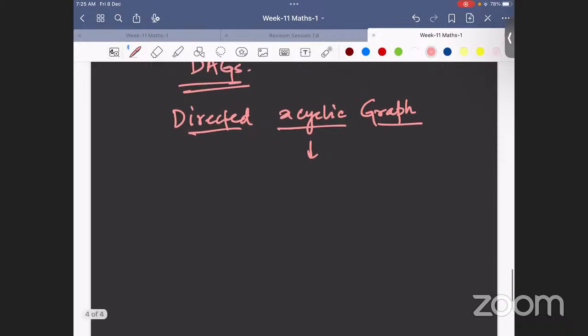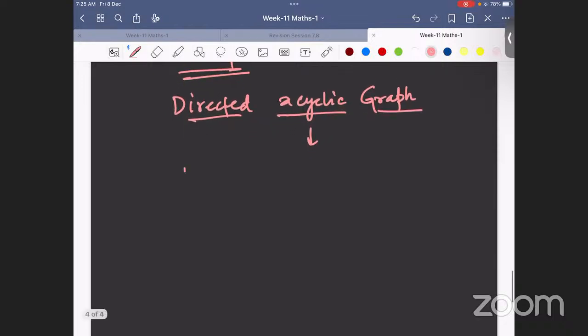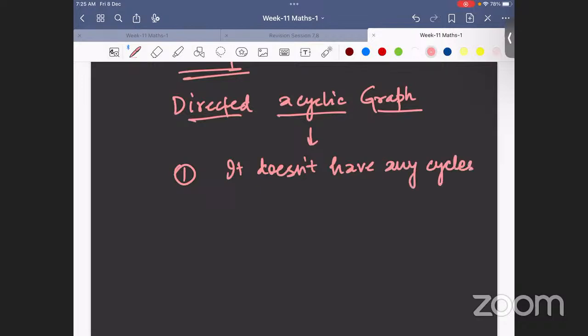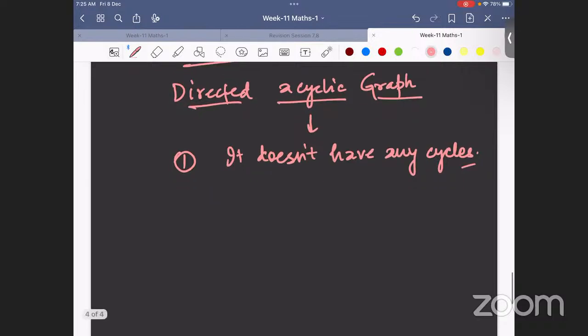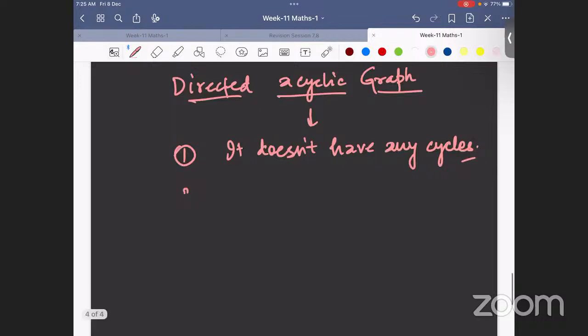So there are some properties of a DAG. The first thing is it doesn't have any cycle. The second property: you are already aware of what is in-degree or out-degree of any graph.